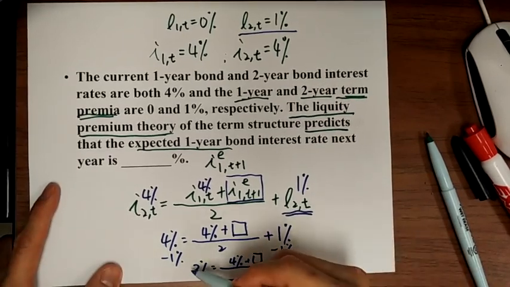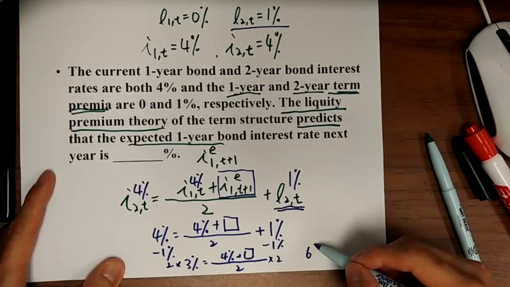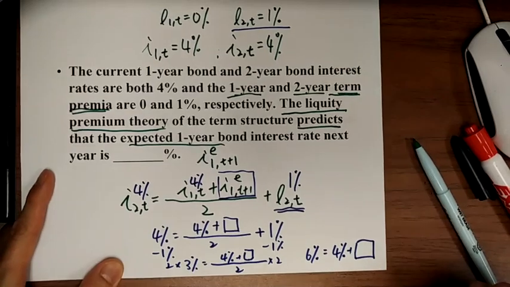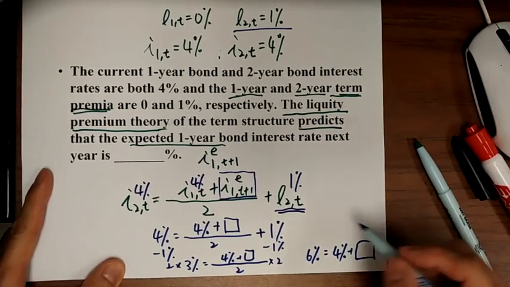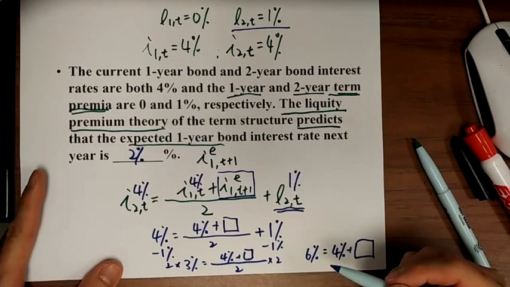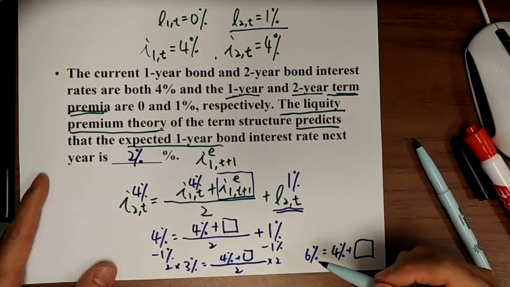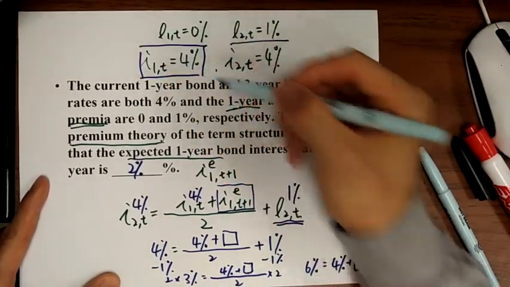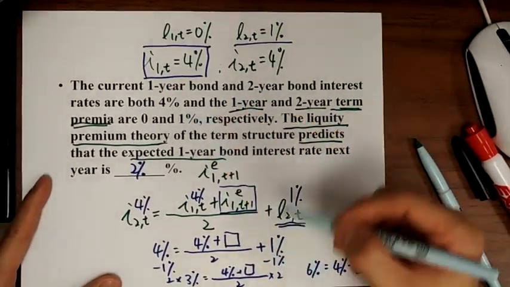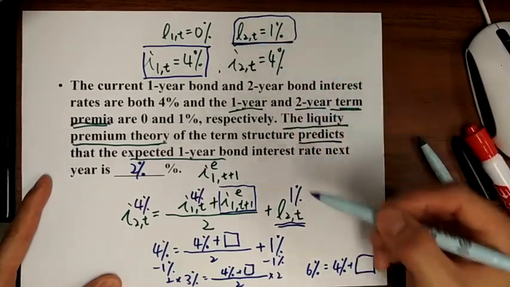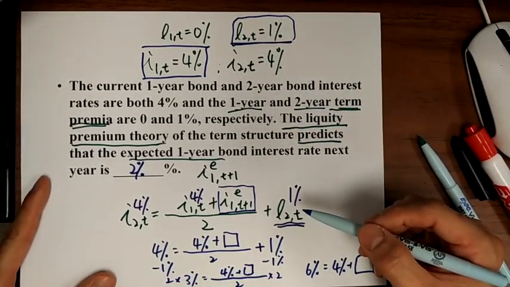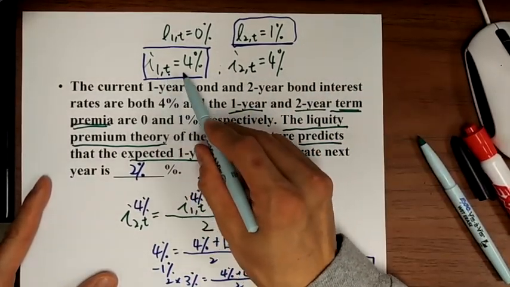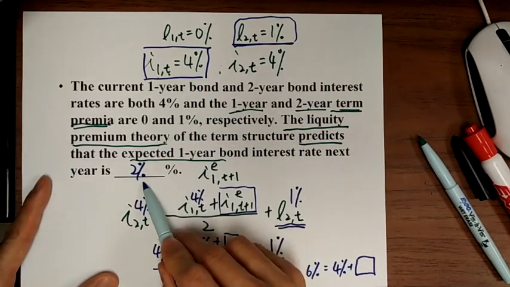Multiply by 2 on both sides. 6% is 4% plus the answer. So the answer is 2%. What is the current 1-year bond interest rate? 4%. And by estimating this liquidity premium, the economist can show that this 1-year bond interest rate is going to drop to 2% next year.